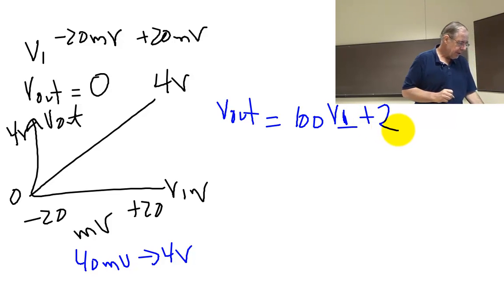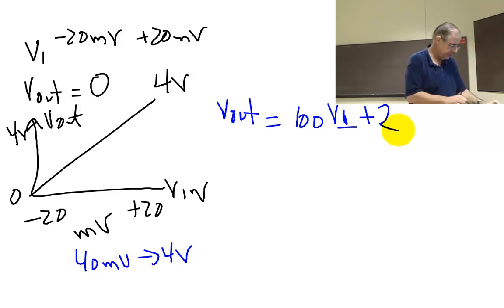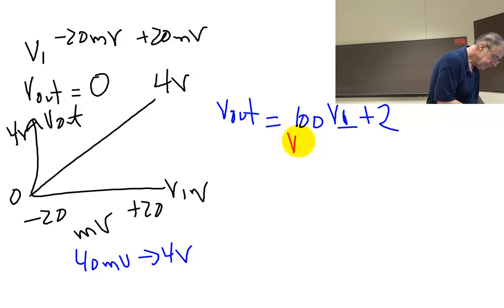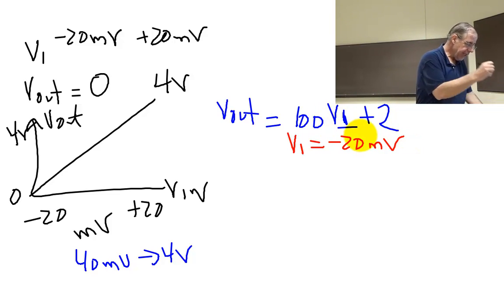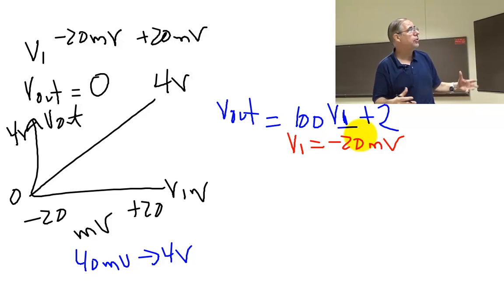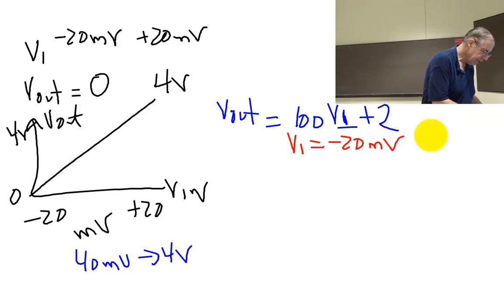So for instance, what do I get if the input is minus 20 millivolts? What am I going to get? 0. See that? 100 times 0.02 is 2, minus 2 plus 2.